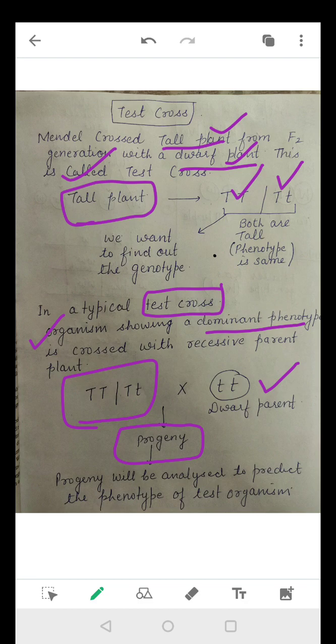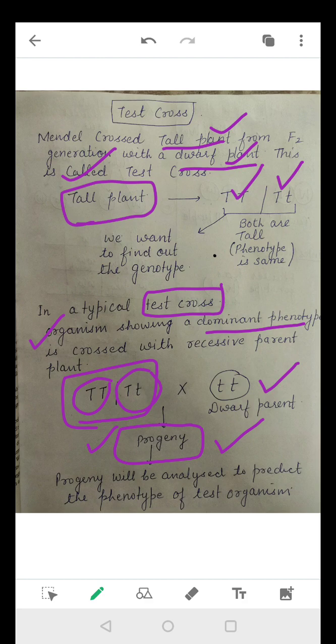Now we'll analyze this progeny. Okay, we'll see what is the phenotype of these plants. And from the phenotype, we can easily make out whether it is TT or it is Tt.